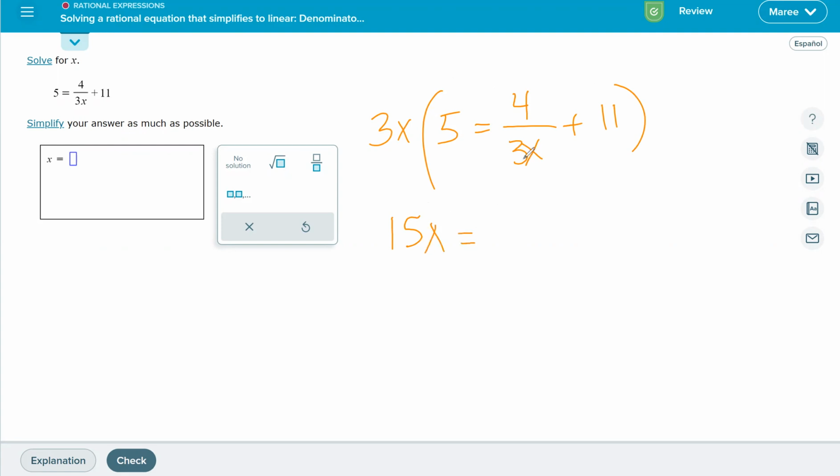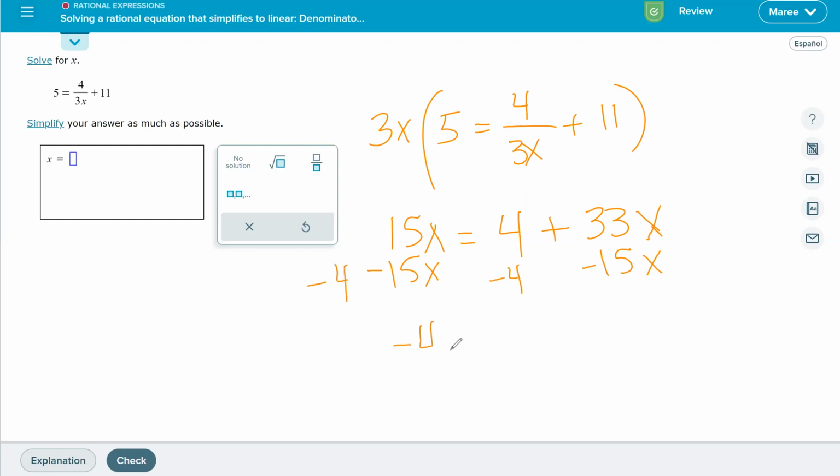When we multiply 3x by 4 divided by 3x, the 3x is going to cancel, and we'll get 4. 11 times 3x is 33x. So what I'm going to do is subtract 15x and subtract 4 from both sides.